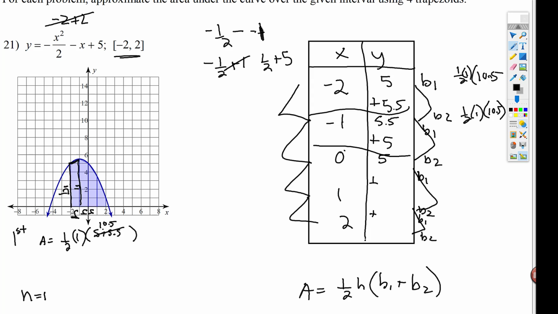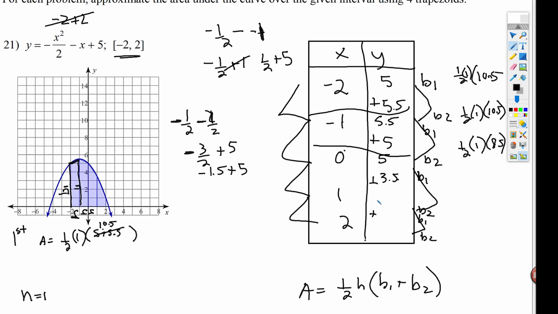Now we plug 0 in again, we get 5. And now we're going to plug 1 in. Well, now we have negative 1/2, subtract 1. Well, that's negative 3/2, because negative 1 is 2 over 2. Well, that's negative 1.5 plus 5, so that's 3.5. So for the third one, it's 1/2 times 1 times (5 plus 3.5), which is 8.5.